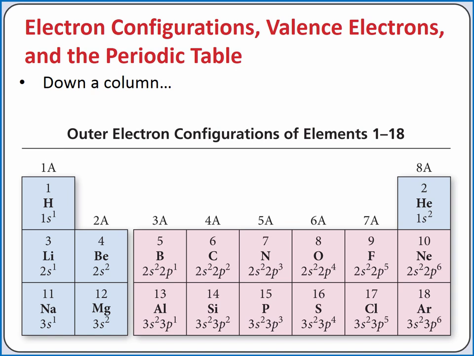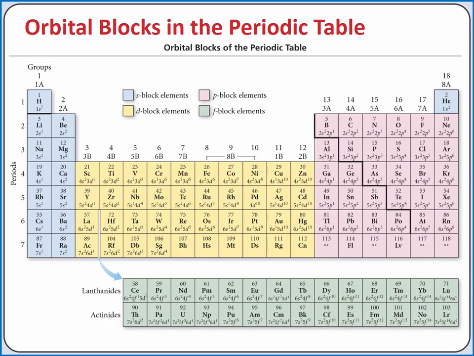Down a column of the periodic table, our main group elements end with the same electron configuration. For example, the elements in our column 1A all end with one electron in the highest s subshell, and the elements in our column 7A all end with 5 electrons in the highest p subshell. In fact, our periodic table is arranged in such a way that there are 4 distinct blocks.